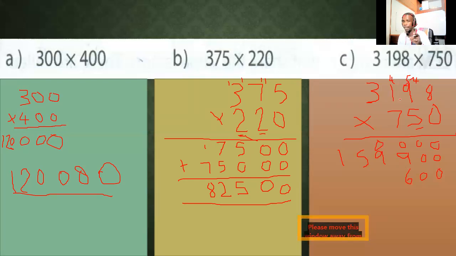Plus 5, 68. We put 8, we carry 6. 7 times 1, 7. Plus 6, 13. We write 3 here, carry 1. 7 times 3, 21. Plus 1, 22.